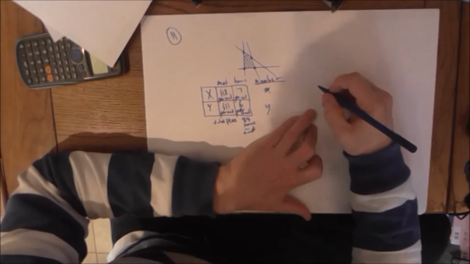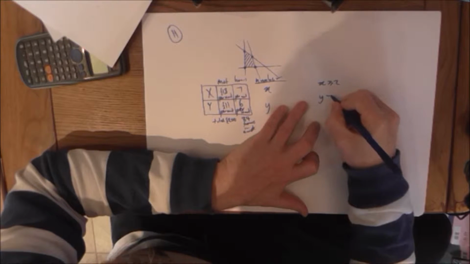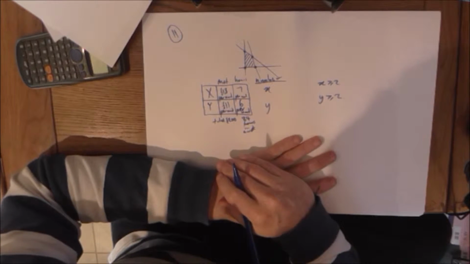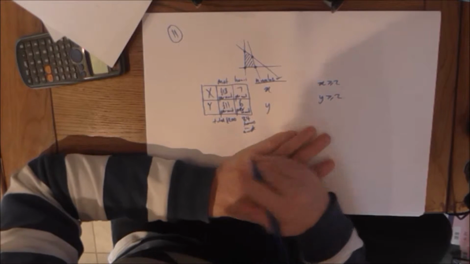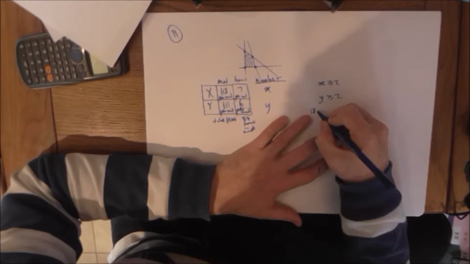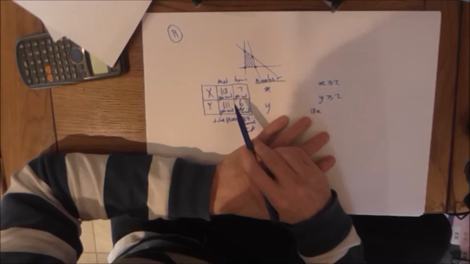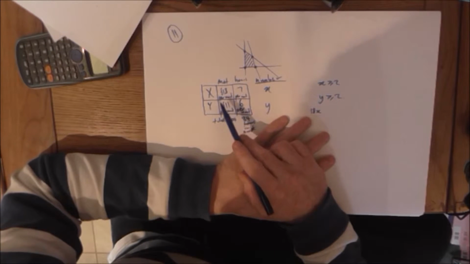So here are the inequalities. We're told that x is greater than or equal to 2. We're told that y is greater than or equal to 2. That's in the last paragraph of information there. We're also told that when I make my X's, I spend this much. Just use the smaller and simpler strategy there. If I made 10 of X's and it was 18 per unit, that will be 180.